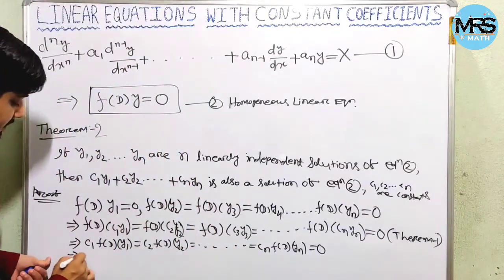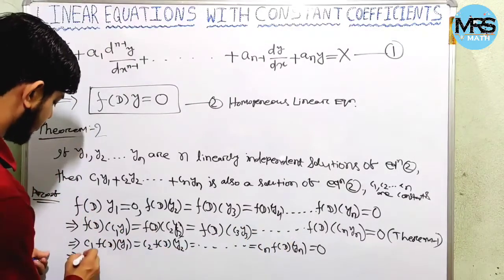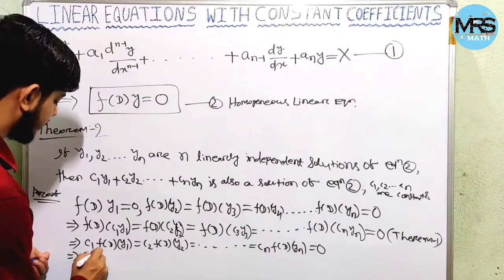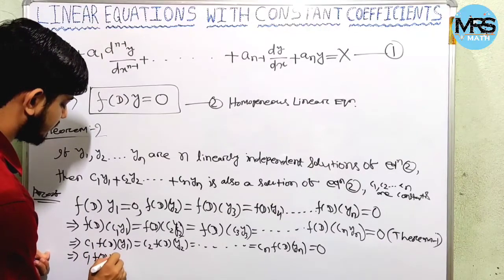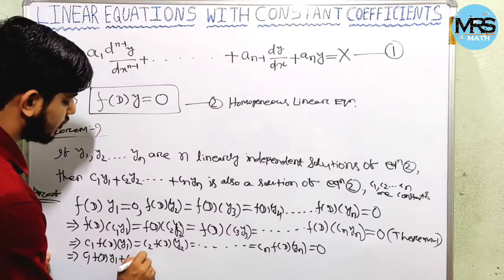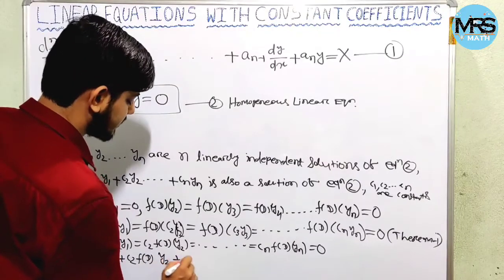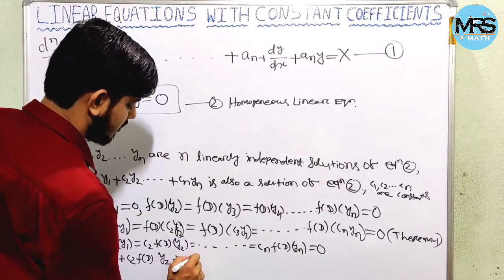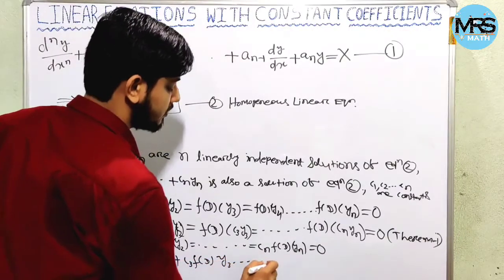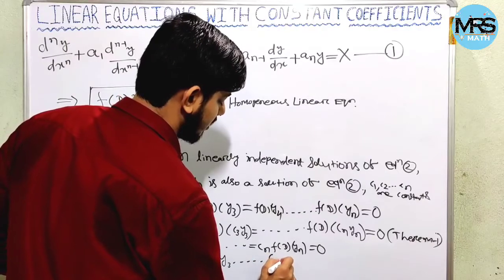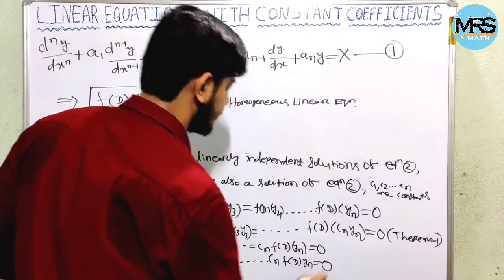Again this one we can write as everything equal to 0. So if you take the linear combination, that is c1 f d of y1 plus c2 f d of y2 plus c3 f d of y3 up to cn f d of yn is equal to 0.